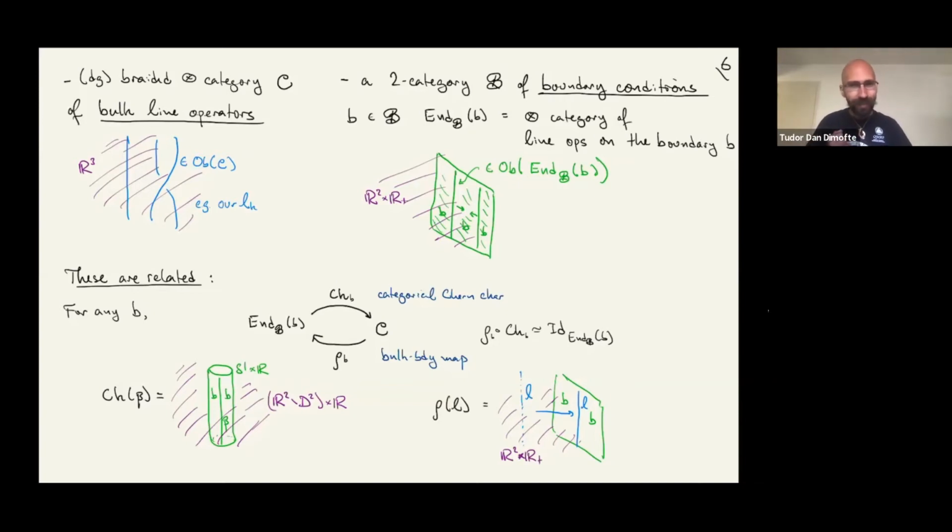And yeah, I've sort of written mathematically what that is. So that's a functor from the bulk category to, in fact, the center of this monoidal category of endomorphisms on the boundary. And there's a map the other way, which says, given any boundary condition, wrap it on a cylinder.